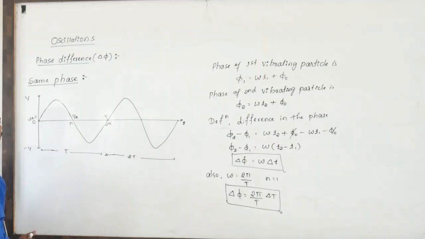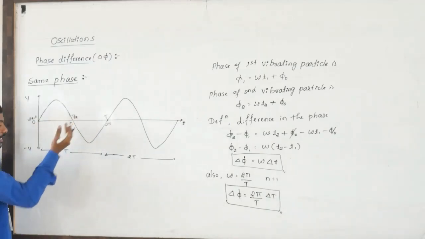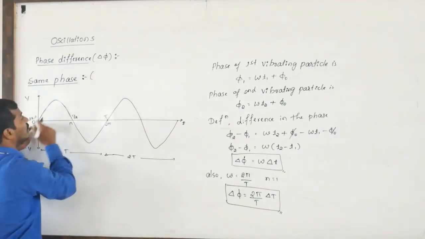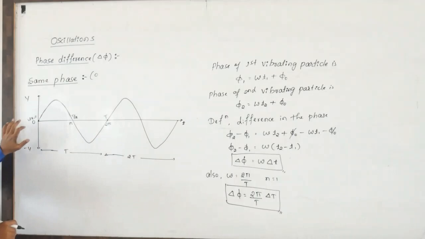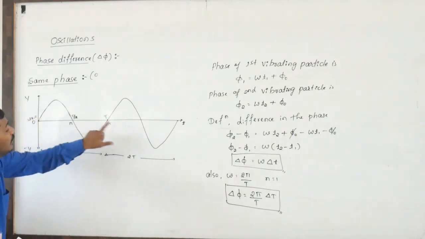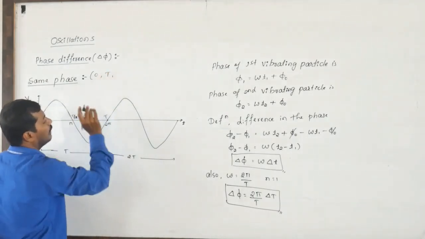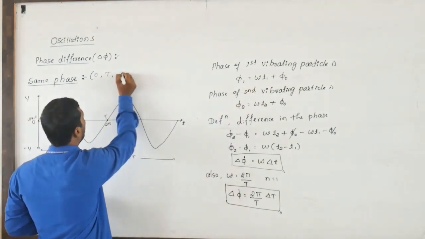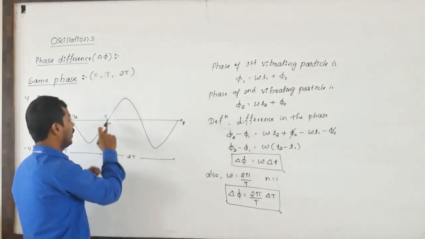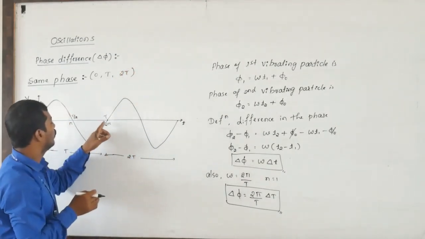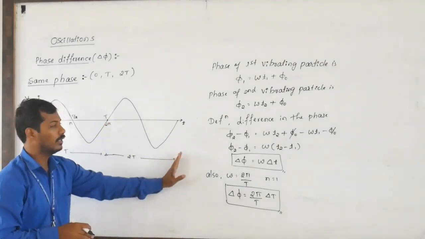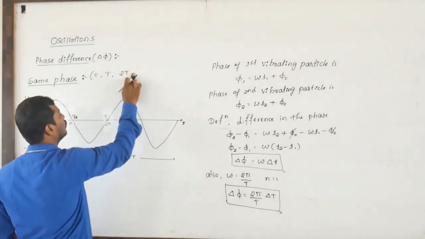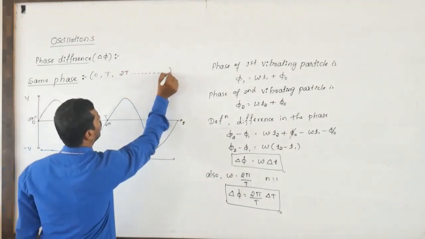Then the same phase: it starts from 0 initially. After that it is T, then if the next period starts here, it becomes 2T.